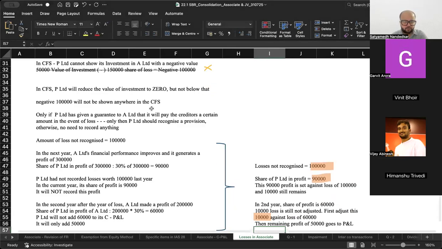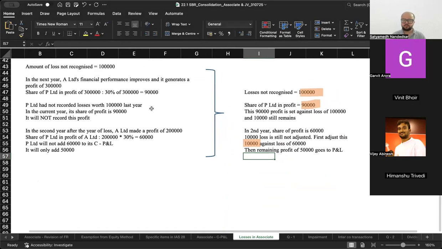Okay. Are you guys able to recollect this provision, by the way? Yes, sir. Yes, sir.